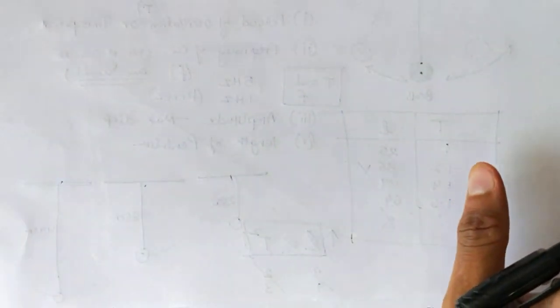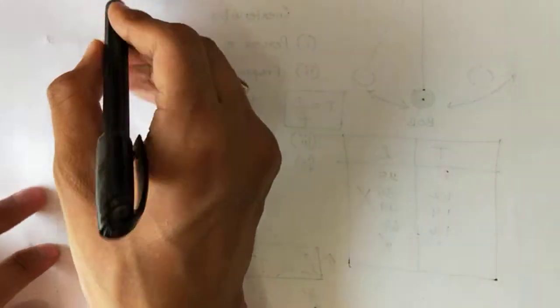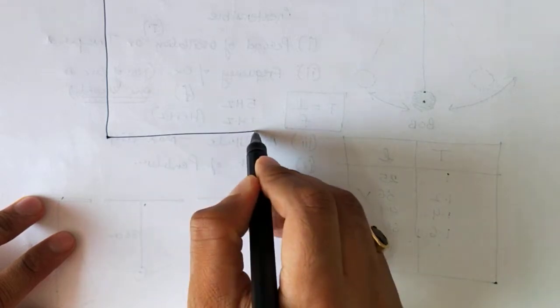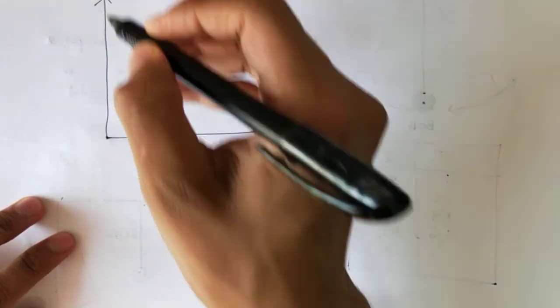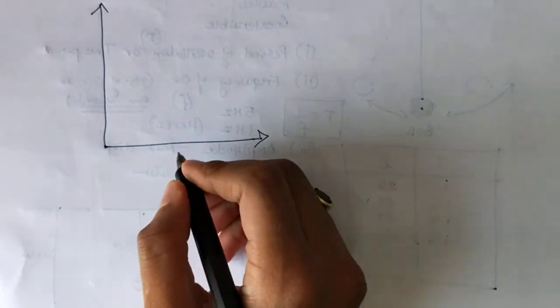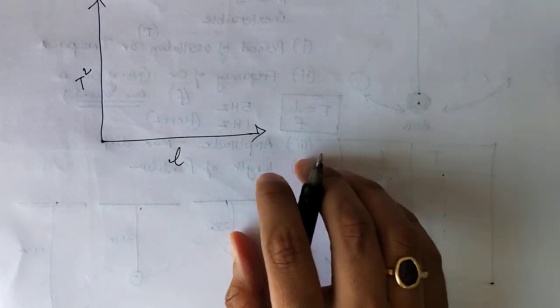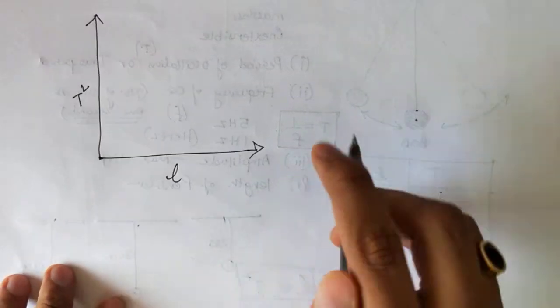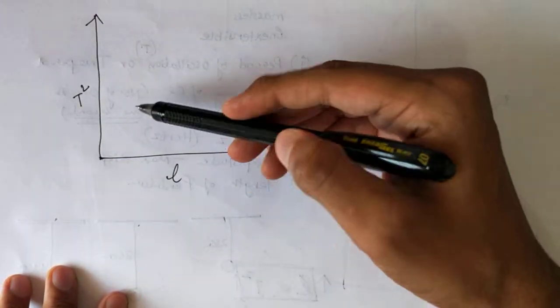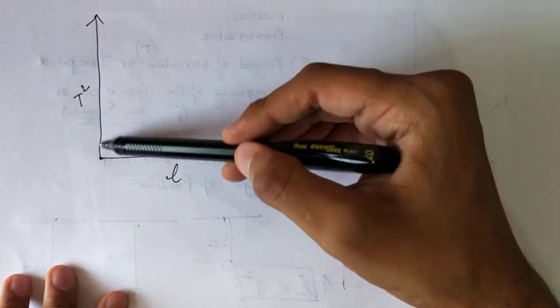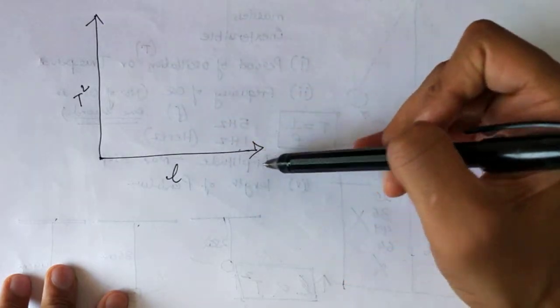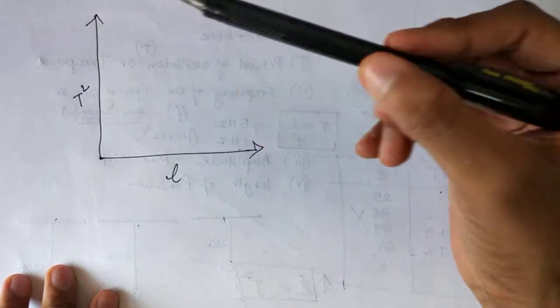So we will draw a graph here. On the x-axis we'll take length, and on the y-axis we'll have time square. And we know that when we increase the length of the pendulum, the time period also increases.